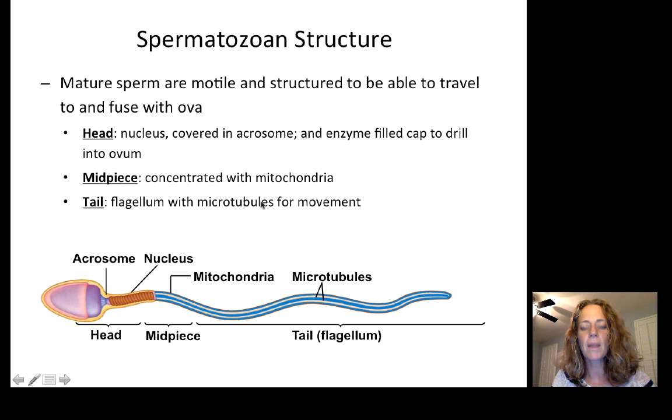They will be full of microtubules for that movement to occur, and the midpiece will be full of mitochondria to support that movement with ATP. The head then is basically just the nucleus of the cell, which is a chromosome delivery device. It is covered in something called an acrosome, which has enzymes that are built to drill into an ovum if an ovum is found.